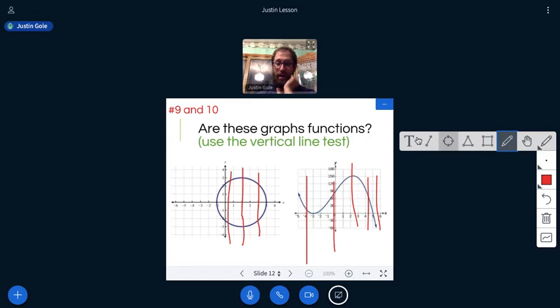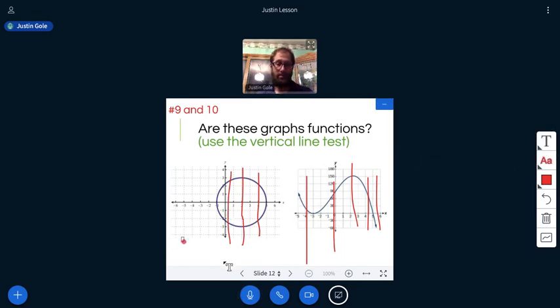So the one on the left is not a function, vertical line. Here is a function, and I'd write "vertical line test." So not a function on the left because of the vertical line test, and the one on the right is a function because the line doesn't go through twice.